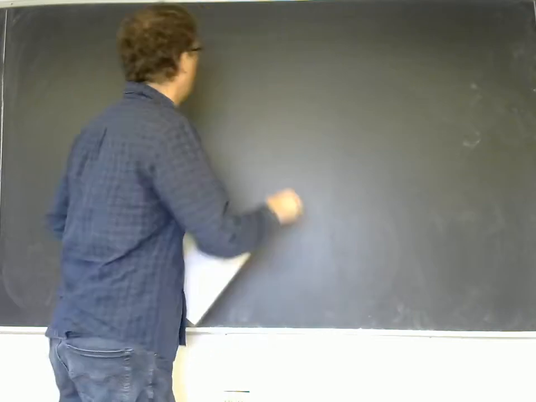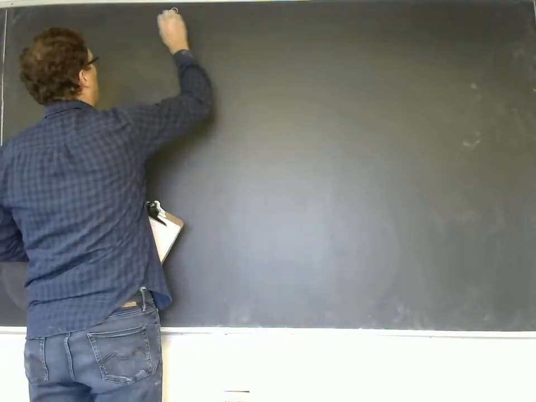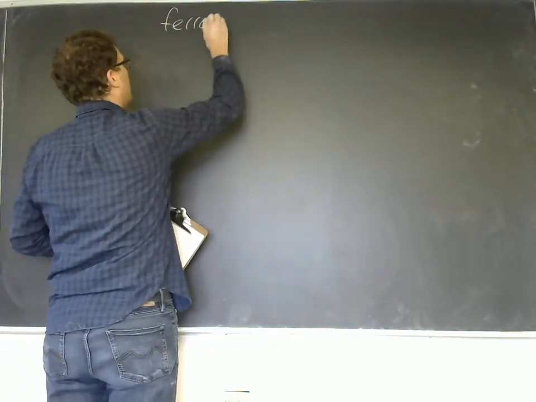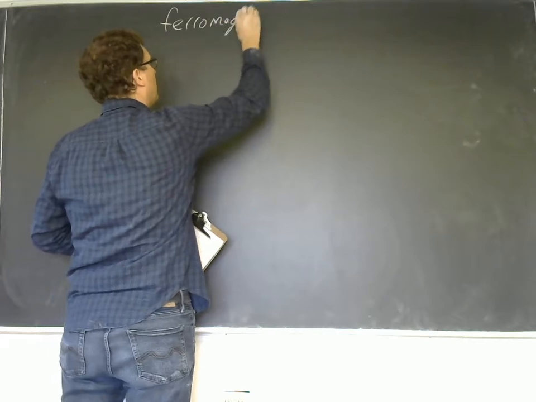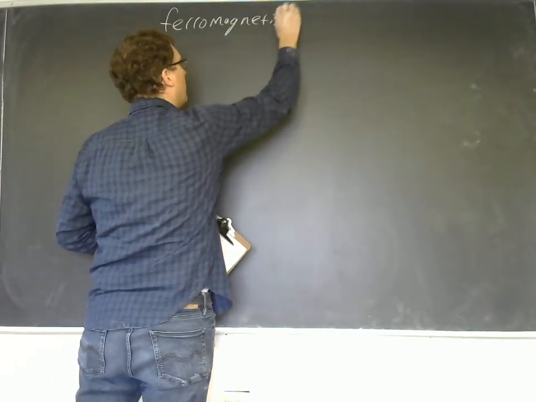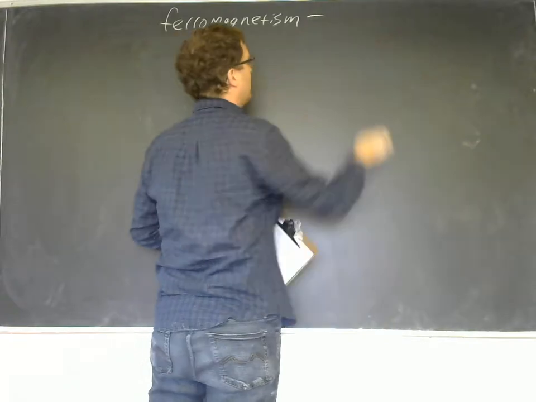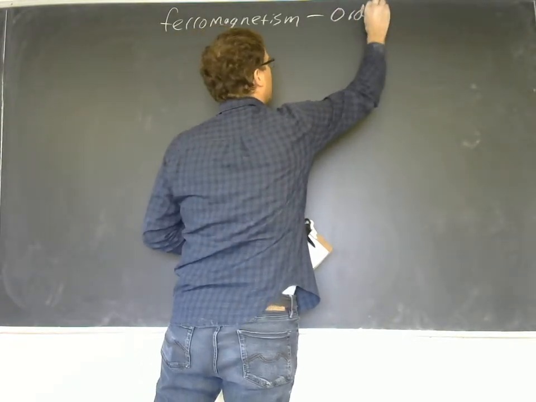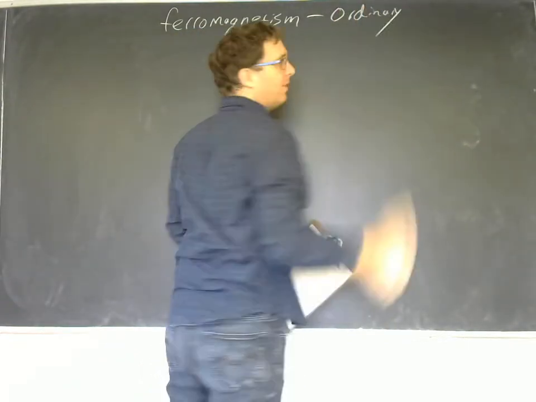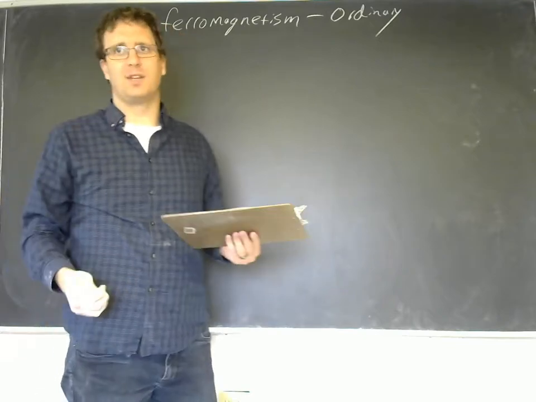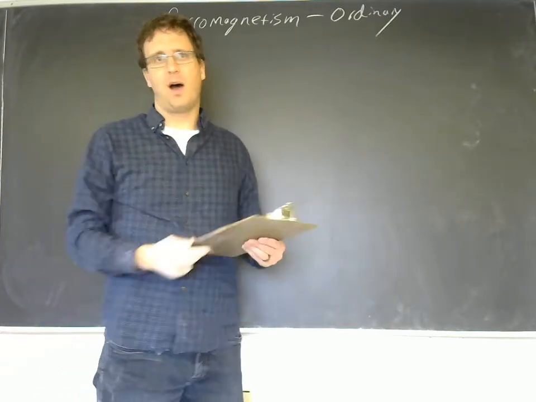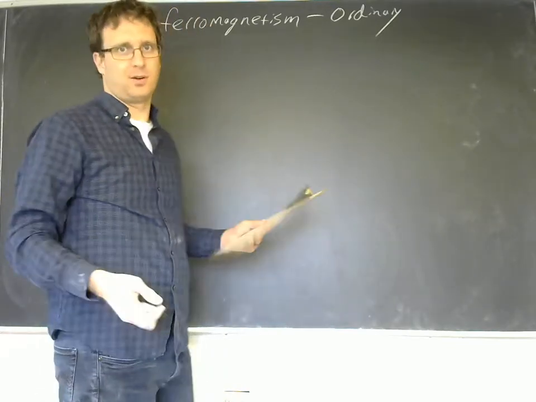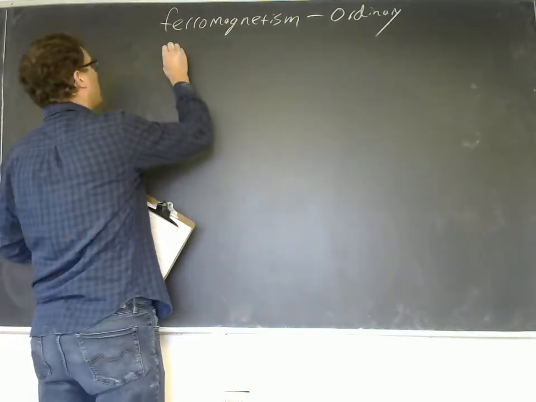And so I'll write down ferromagnetism. Ferromagnetism is just ordinary magnetism. There's only a handful of metals that exhibit ferromagnetism, and it's the magnetism that you're used to. But there's also paramagnetism.